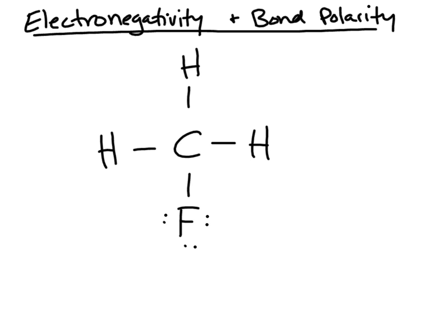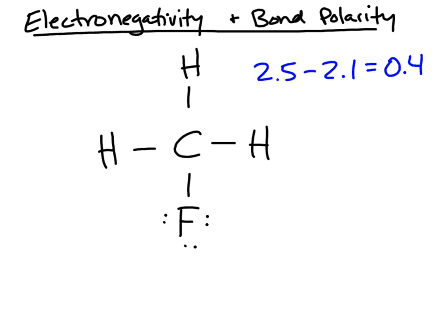So, for example, with the carbon-hydrogen, there is no dipole, so I won't draw a dipole moment, because 2.5 for carbon minus 2.1 for hydrogen equals 0.4, which means that's non-polar.